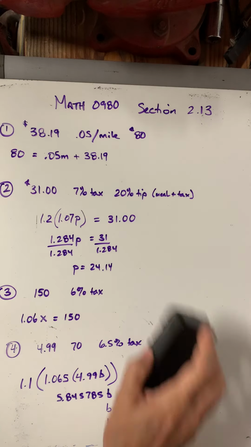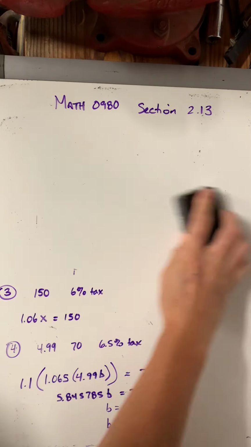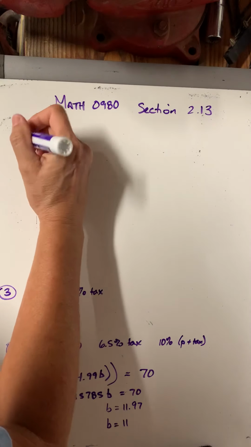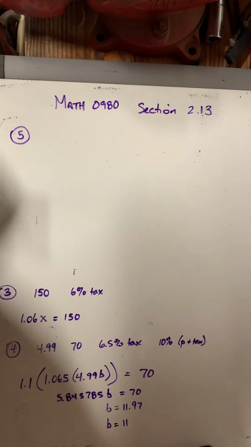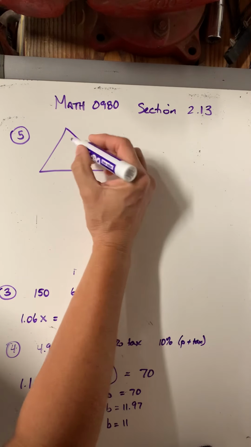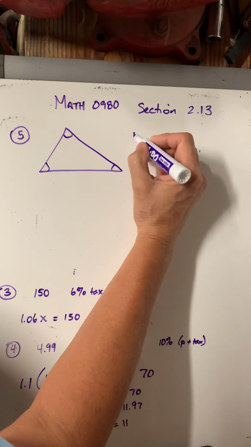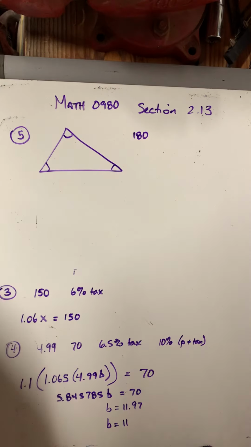All right, let's look at question 5. It says the sum of 3 interior angles of a triangle is 180. So I've got this triangle, and if I add this and this and this, I get 180 total, 180 degrees.